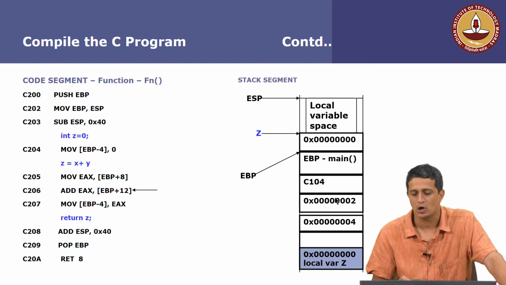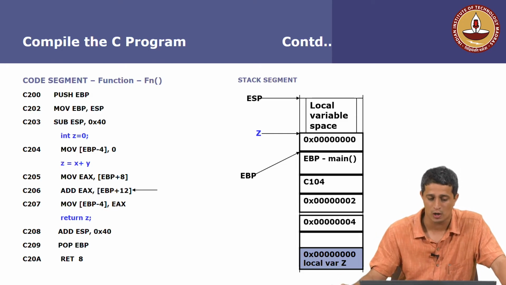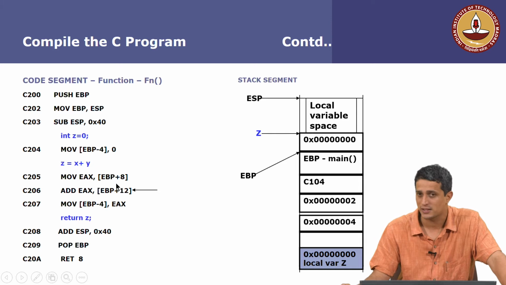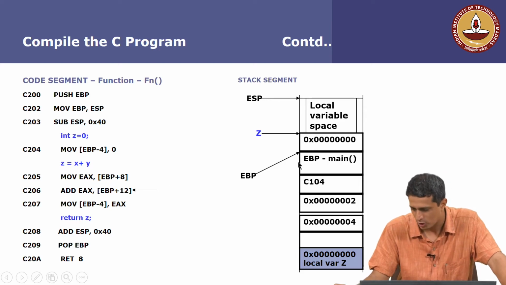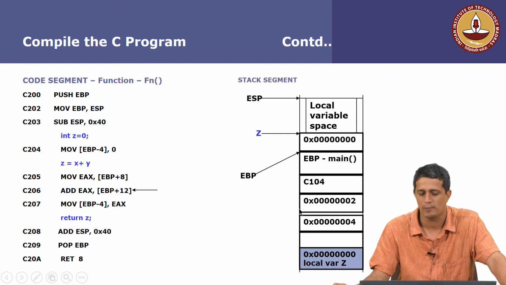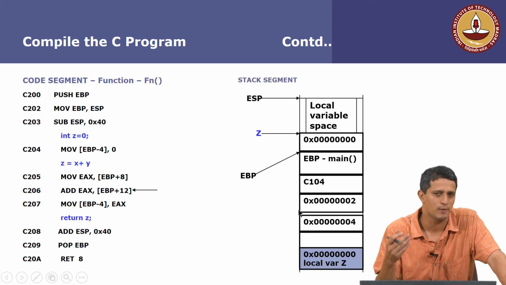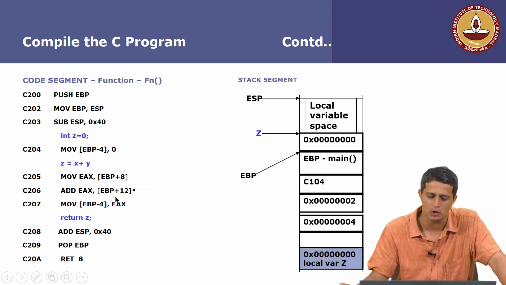Note now that because I have done an extra push of ebp in the first instruction, the function parameters x and y have now got to be accessed as contents of ebp plus 8, because it's 4 bytes here, 4 bytes here, and then ebp plus 8 and ebp plus 12. Earlier it was ebp plus 4 and ebp plus 8.